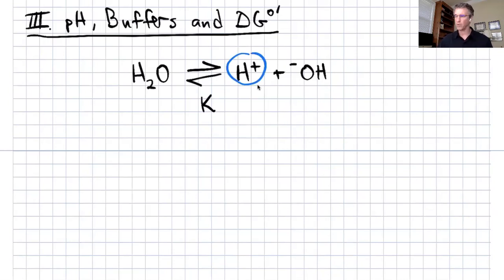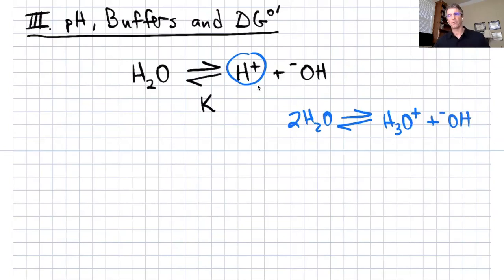So technically, this equilibrium really should be written this way, where you have 2 H2O goes to a hydronium ion, H3O plus, and OH minus, right? So as long as you remember that you don't have free protons floating about in solution like a sodium ion or something like that, then it's okay to write it down the way I've written it here. Just make sure you remember that.